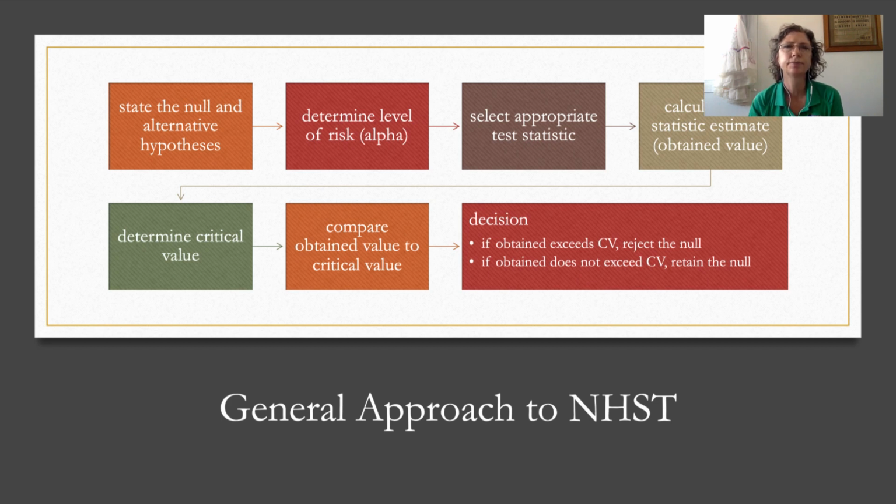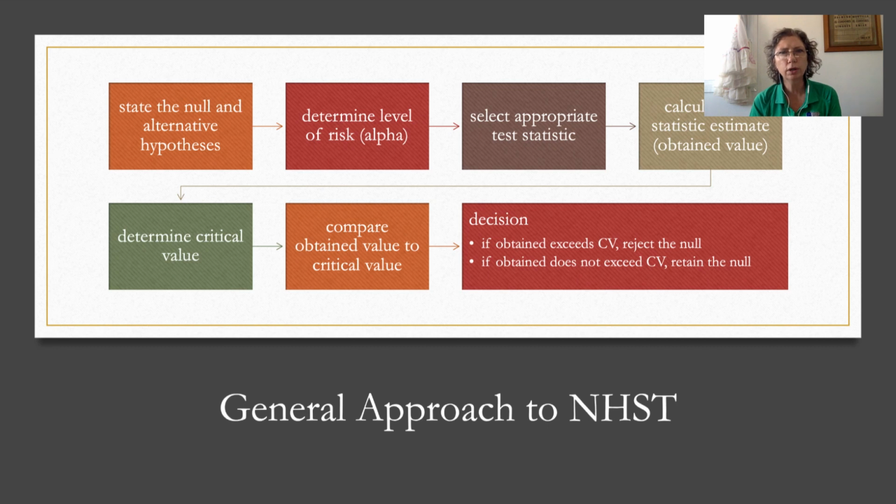Then you would decide that if the obtained value exceeds the critical value, you would reject the null, and if the obtained value did not exceed the critical value, then you would retain the null.